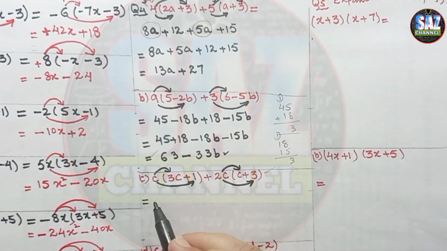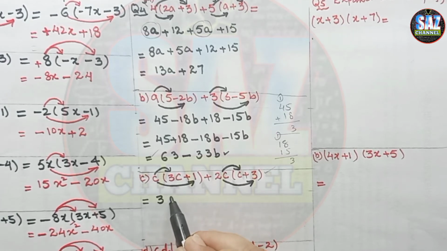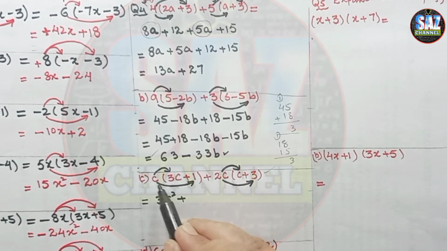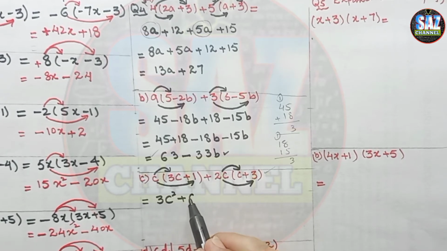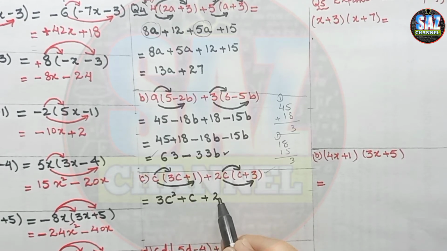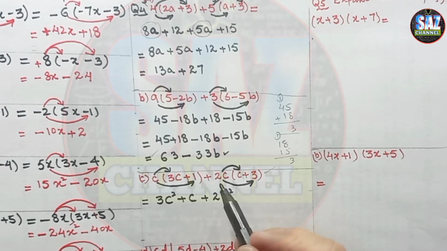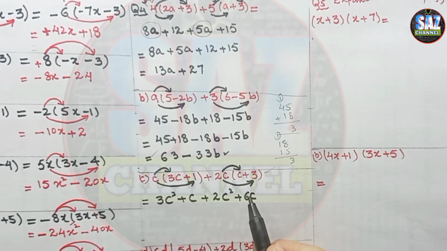Now when this c is multiplied with this c, the question will become 3c square plus c multiplied by 1 will give me c plus 2c square plus 2 multiplied by 3 will give me 6c.